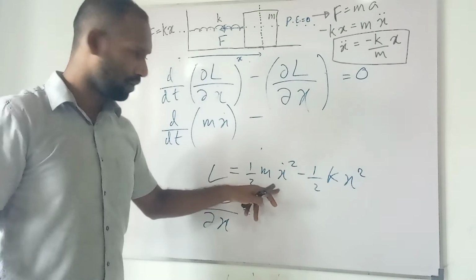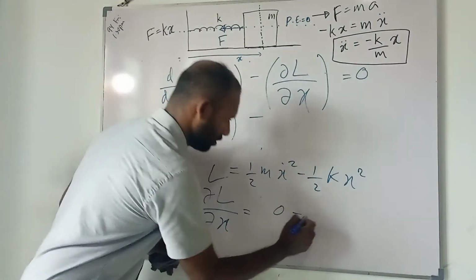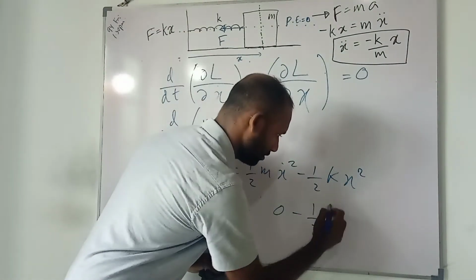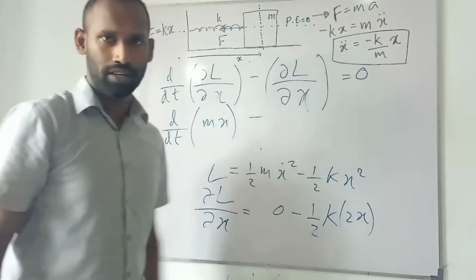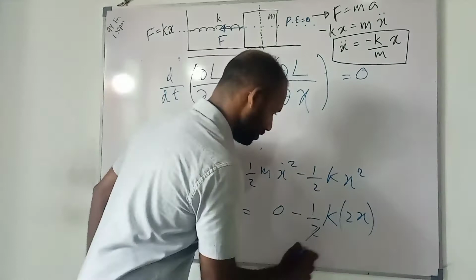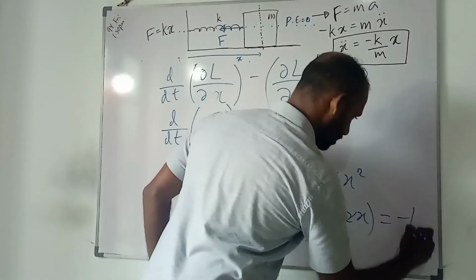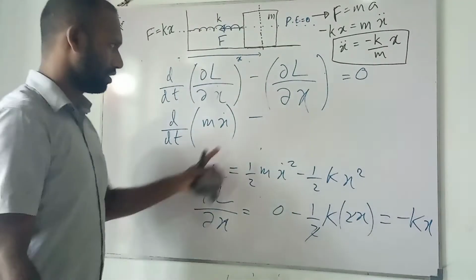From this part, 0, minus half times k times 2x. So the 2 cancels and we get minus kx.